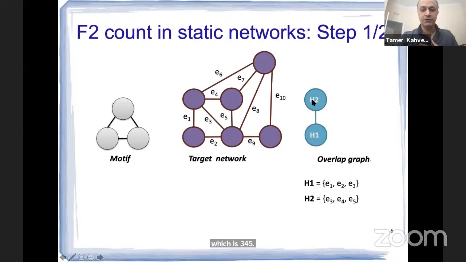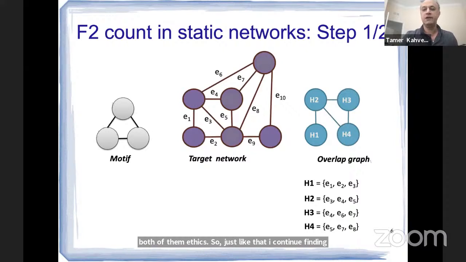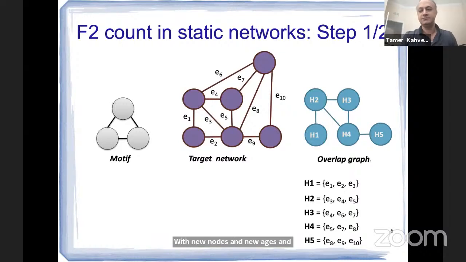So I create a node for that. And then I insert an edge between these 2 nodes, meaning that these 2 placements of the motifs have a common edge. They are overlapping with each other. In this case, it's the 3rd edge that is common to both of the embeddings. So just like that, I continue finding new embeddings and grow my overlap graph with new nodes and new edges. And this is what I have at the end.